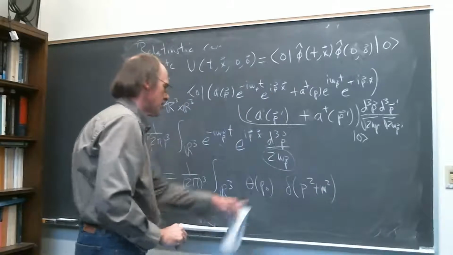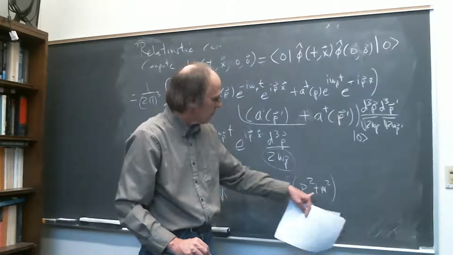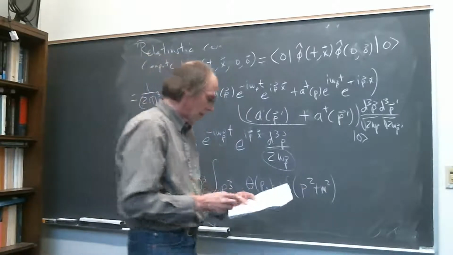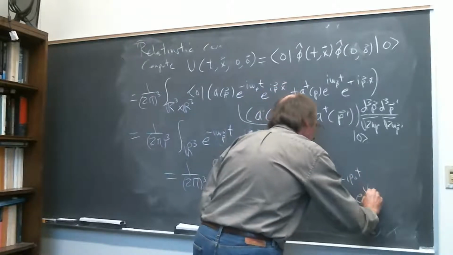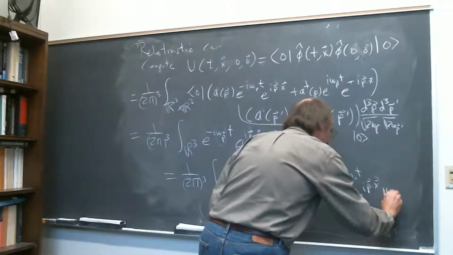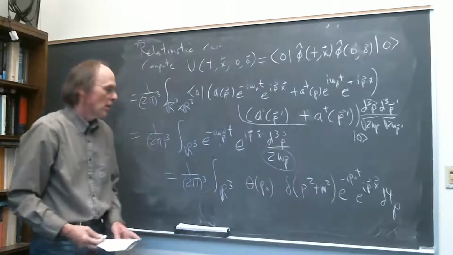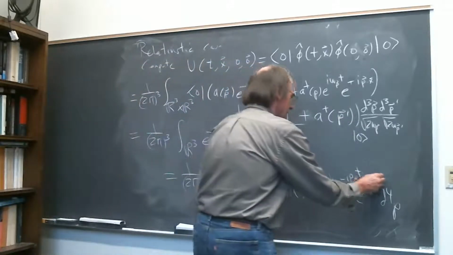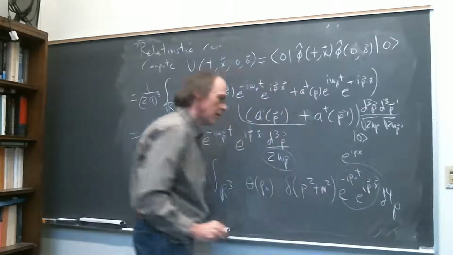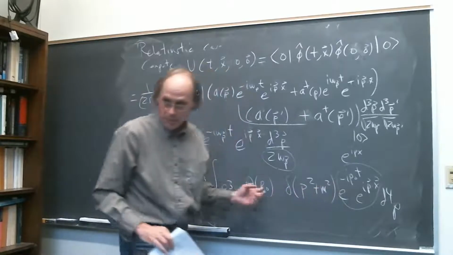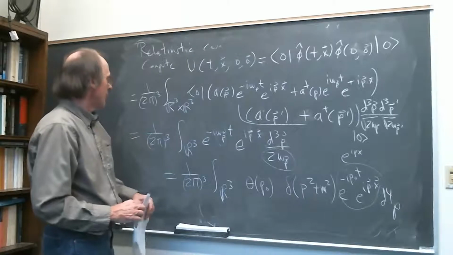So it's minus the energy squared plus the spatial component squared of the momentum plus m squared, and then e to the i p0 t. This is the thing that I also could write as e to the i p x. So this is a nice Lorentz invariant expression.